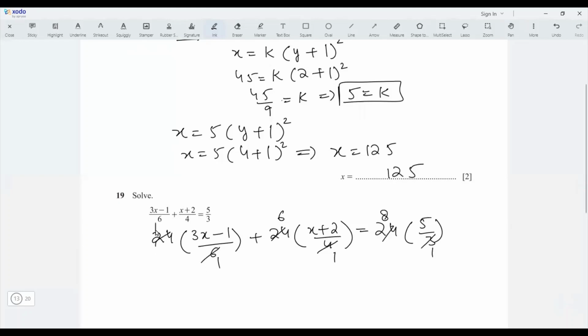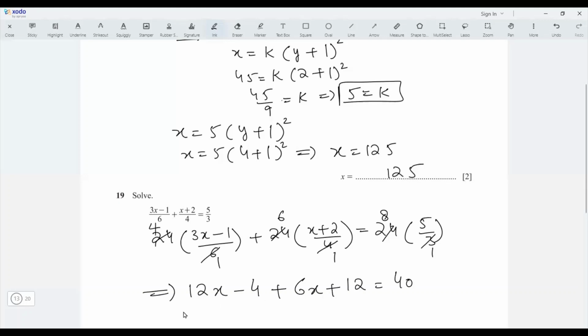and 6 4 times. So 4 times 3, open the brackets, 4 times 3 is 12, 12x, minus 4 times 1 is 4, plus 6 times x is 6x, plus 6 times 2 is 12, equals to 8 times 5 is 40.